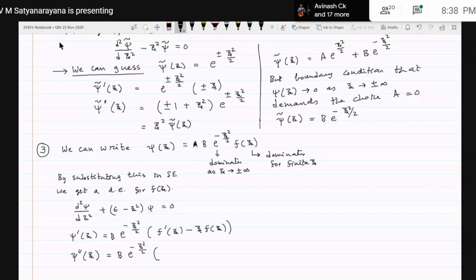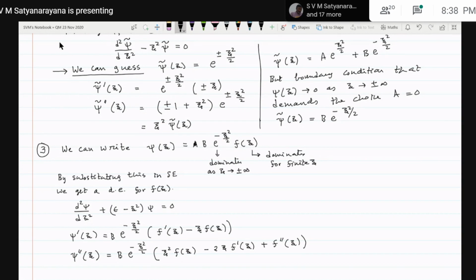So I have something like xi square into f of xi minus 2 times xi into f prime of xi, okay, plus f double prime of xi. This is what I will have.